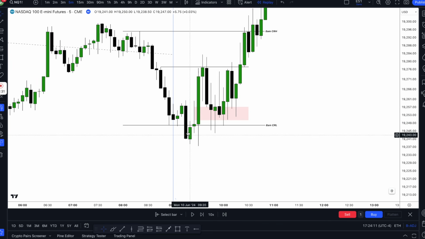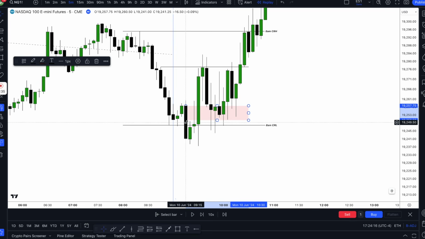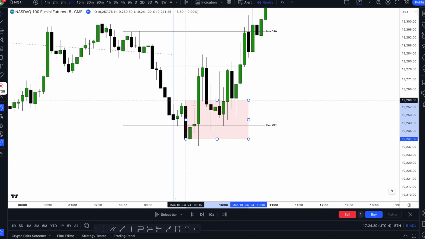Five minute, we have a clear order block. So if we would have been on the 5 minute the entire time, you would have never been stopped out with this candle. Why? Because you would have only entered the order block when this candle closed. And after the close above the order block is the change in state of delivery. Your entry would have been within this order block.